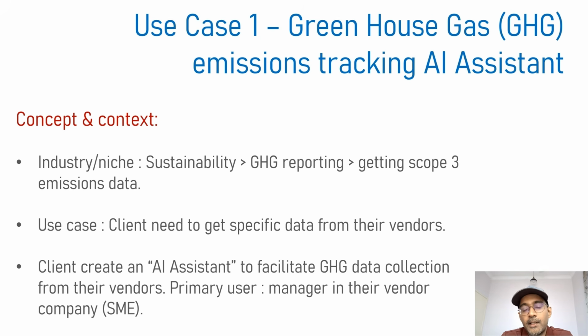So scope 3 data is where a large enterprise has to get their vendors' or their suppliers' emissions data. The context or use case of this will be the client, which is the larger enterprise. They will design this AI assistant, and then they will give it to their vendors or their suppliers, and their suppliers will be the primary users of this AI model.